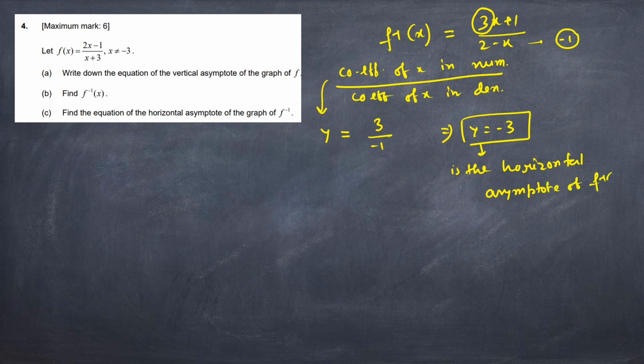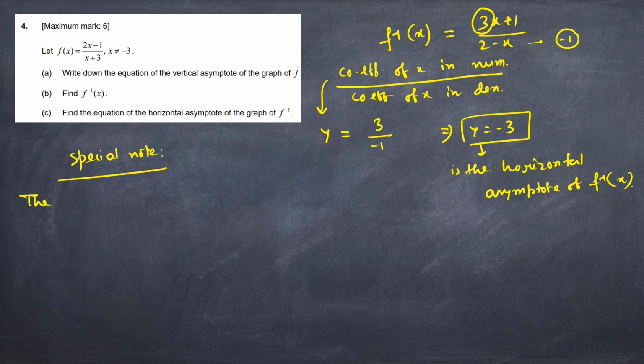One special note: as you can see, the vertical asymptote was x equals minus 3 and the horizontal asymptote is also y equals minus 3. So the value will be the same. This is a special note, and you can get this type of problem in various competitive exams and MCQs.